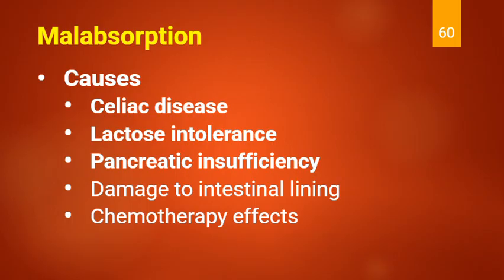Malabsorption can also occur when the pancreas cannot produce enough digestive enzymes, a condition known as pancreatic insufficiency. These enzymes are necessary to break down fats, proteins, and carbohydrates. In some cases, damage to the intestinal lining, such as chemotherapy-related mucosal injury, may temporarily reduce nutrient absorption.